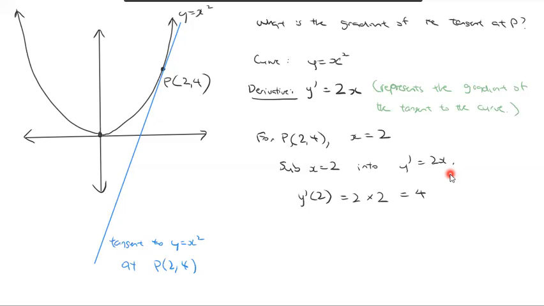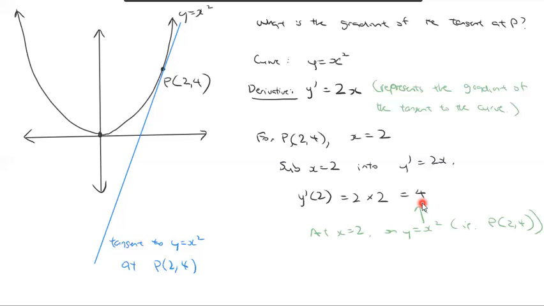Okay. Cool. Does everyone understand what I'm doing here right now? So what this represents is that at x equals 2 on y equals x squared, that is basically P (2, 4).